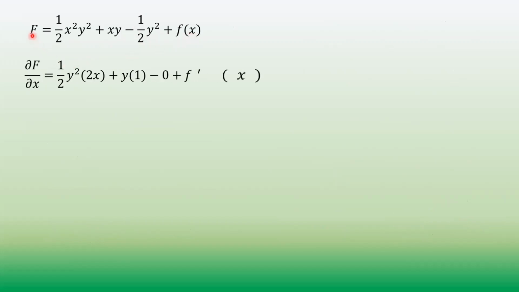Again, we have f equals 1/2 x squared y squared plus xy minus 1/2 y squared plus f of x. And we're going to differentiate with respect to x. So meaning x lang ating variable, ang y naman ay constant dito. So we have the partial derivative. We're going to differentiate.